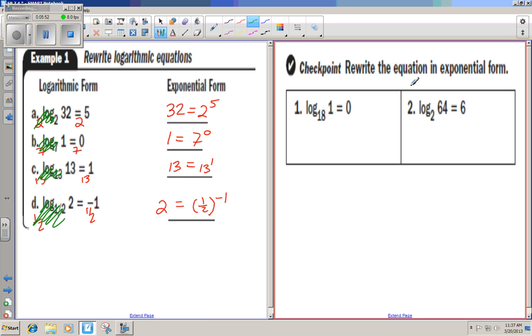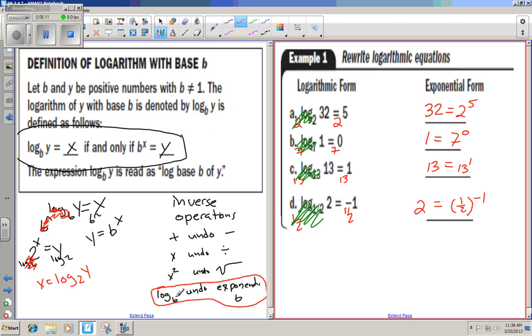So, rewriting an equation in exponential form. Pause this, try this on your own. Pause the video, see if you can do it. I'm going to move on though. Log base 18: do not forget, to undo a log of a base b, you use an exponential base b.